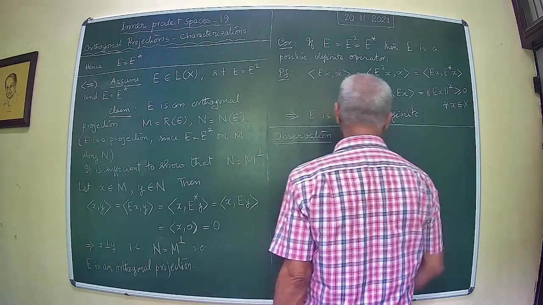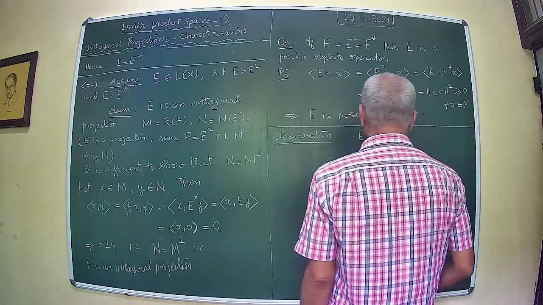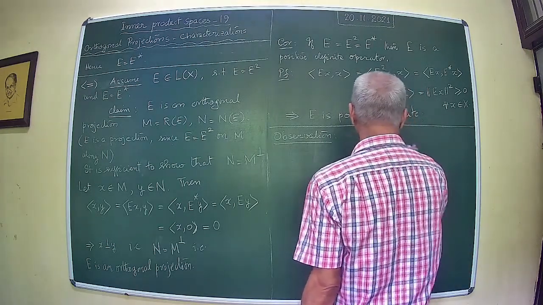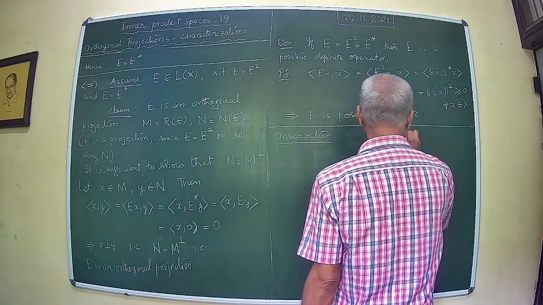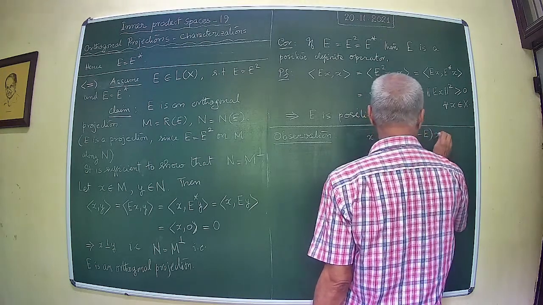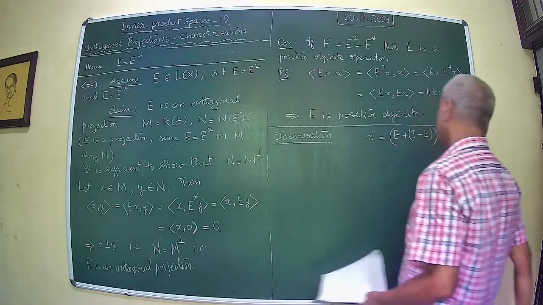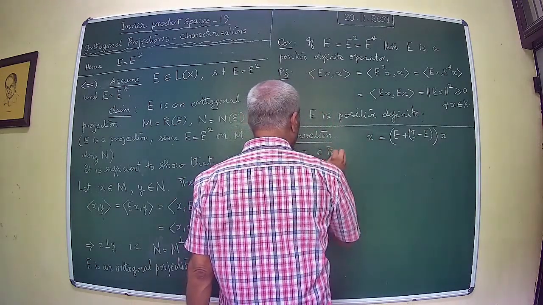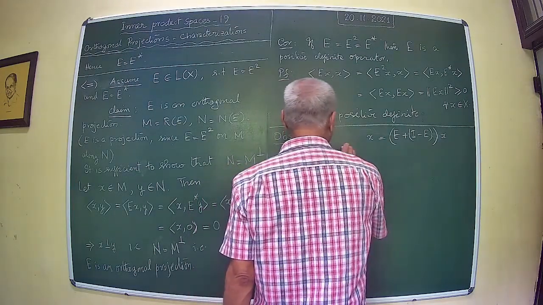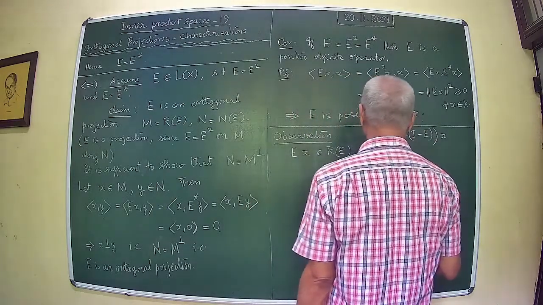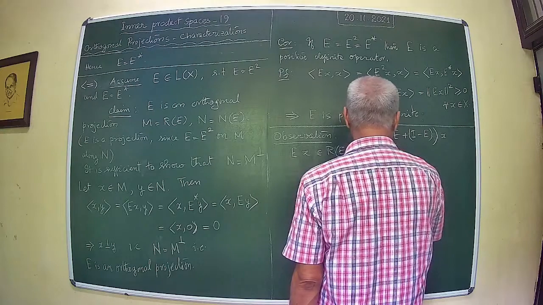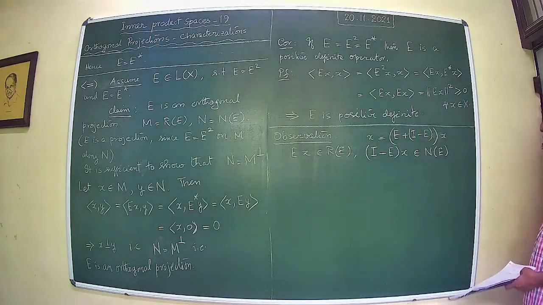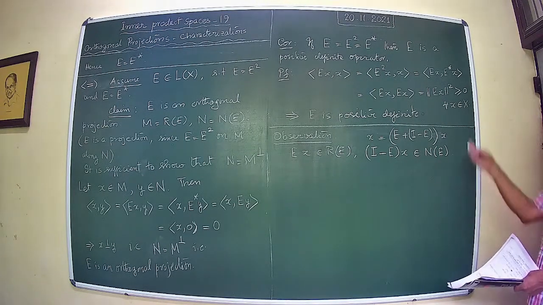See, Ex belongs to the range of E, and I minus E of x belongs to the null space of E. Okay, this is a general result that you have.